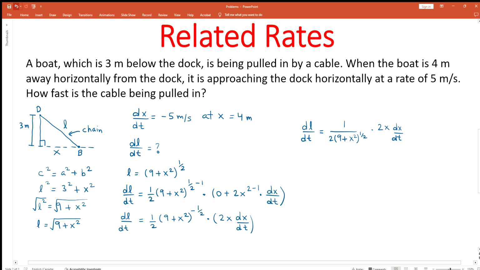We have to find dL/dt when the boat is 4 meters away horizontally from the dock and it is approaching the dock horizontally at a rate of 5 meters per second. So we should sub in x as 4 and dx/dt as negative 5.